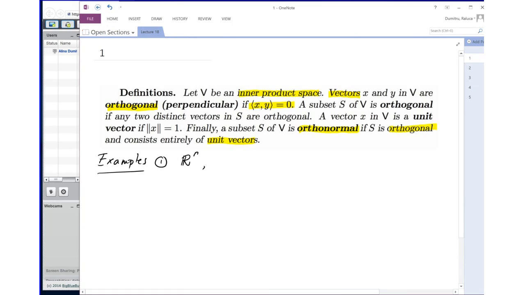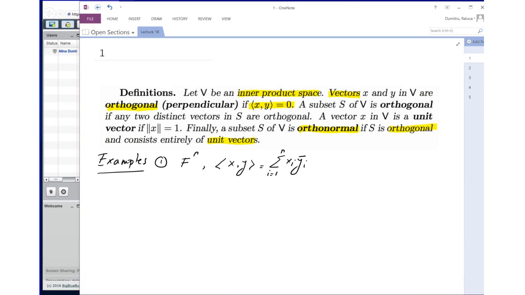Rn, let's say, together with the standard inner product. Well, actually, let's do Fn. The standard inner product being this. So x is an n-tuple with entries x1 through xn. y is an n-tuple with entries y1 through yn.